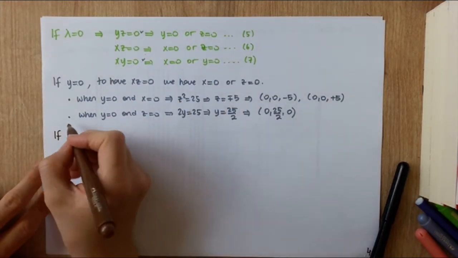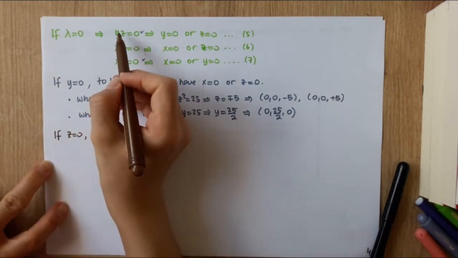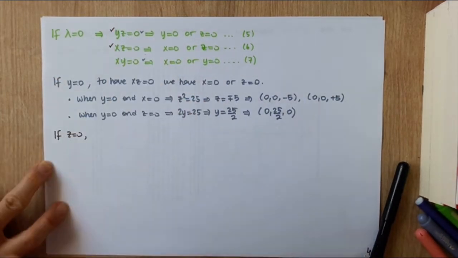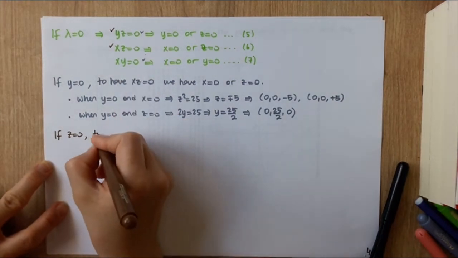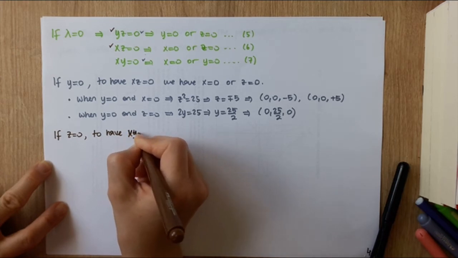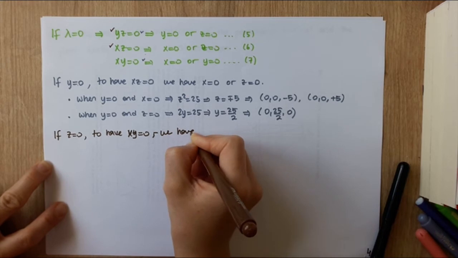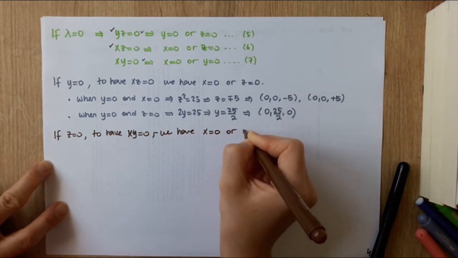If z equals 0, this equality holds directly, but to have xy equals 0, we have x is 0 or y is 0.